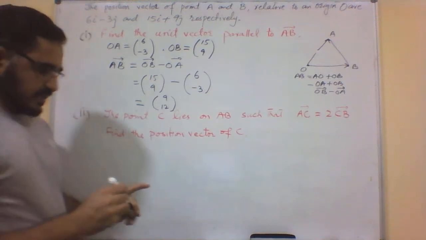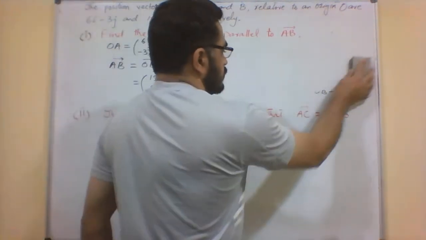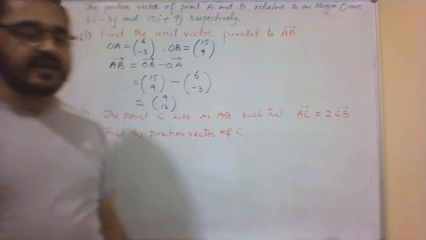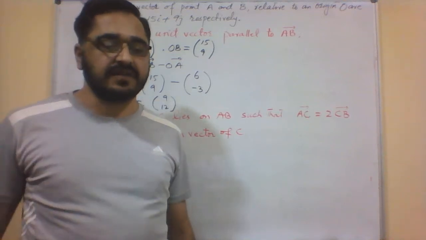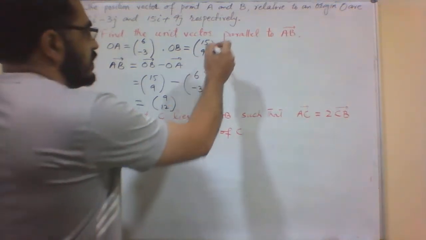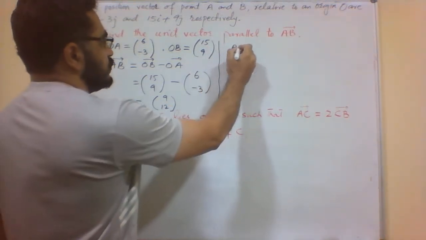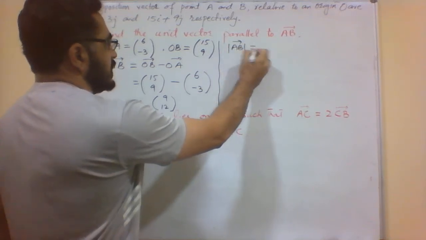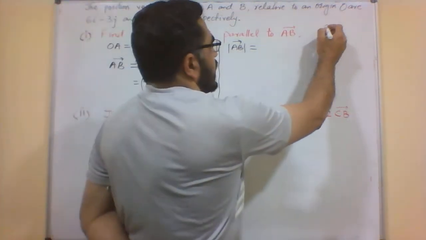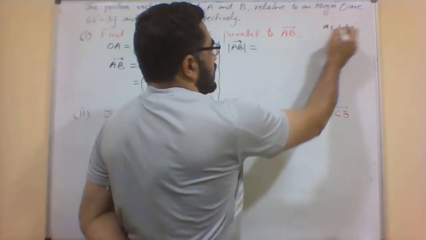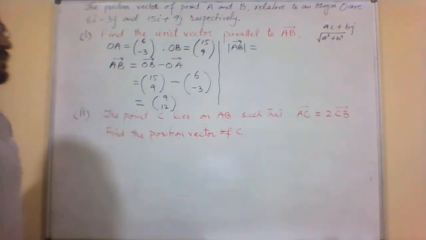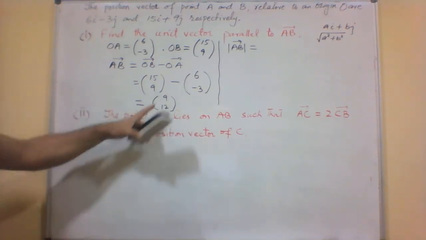As we need to find the unit vector parallel to AB, now we will find the magnitude of AB. If the vector is ai plus bj, then the magnitude is the square root of a square plus b square. Here a is 9 and b is 12.